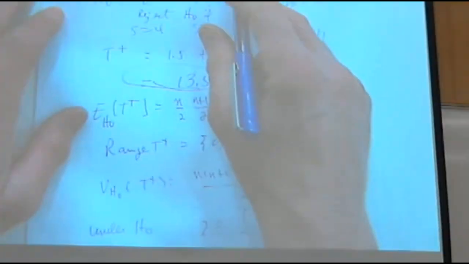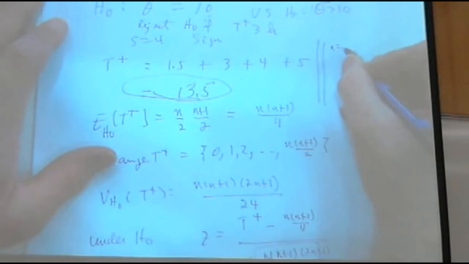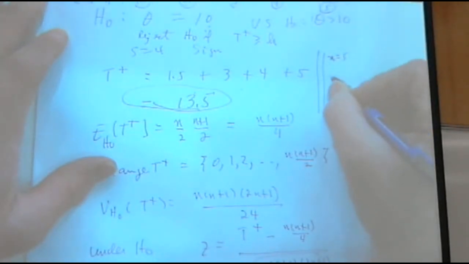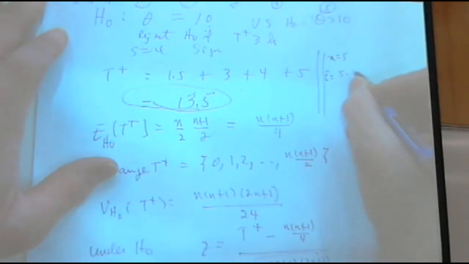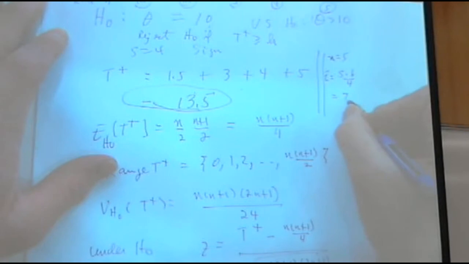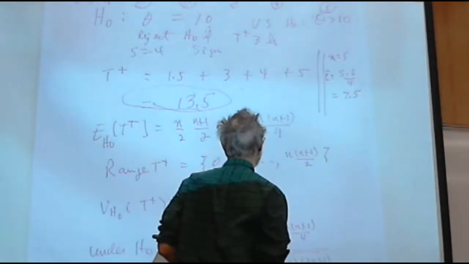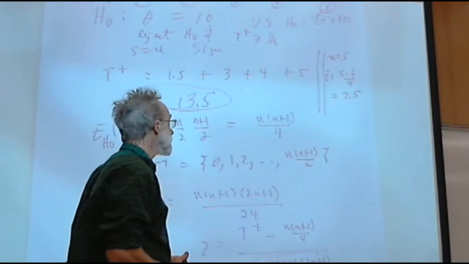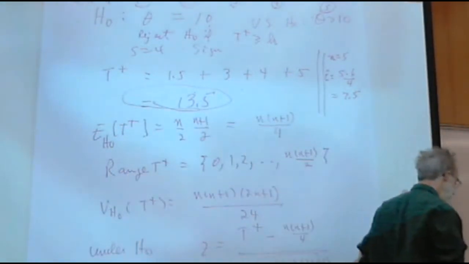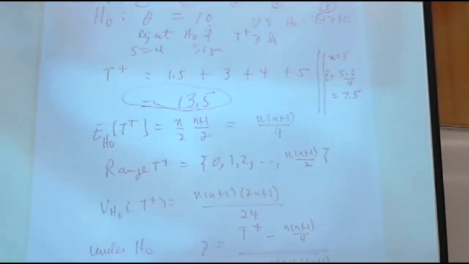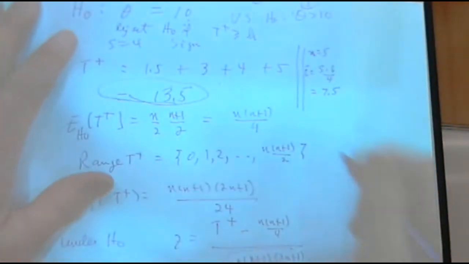N is 5 for the data set, and the mean is 5 times 6 over 4, which is 7.5. On the upside, I just need to calculate the variance and standard deviation.